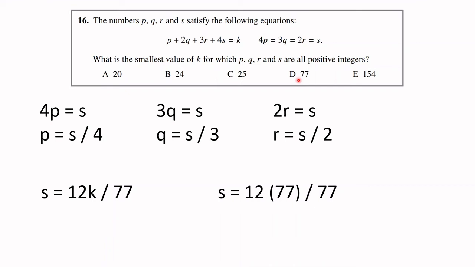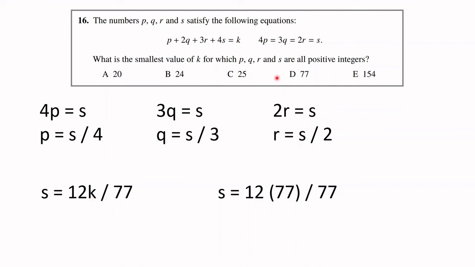If we go back to the question and think about the smallest possible value of k, for s to be a positive integer, k can't be 20 or 24 or 25, because if that was the case, s would be a fraction.